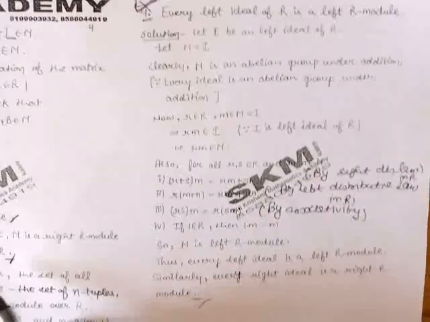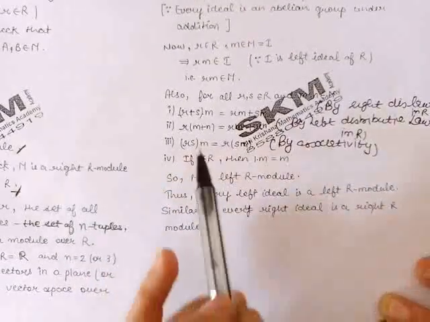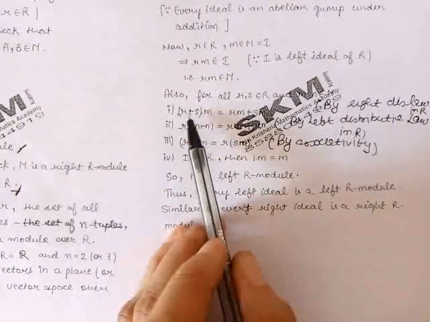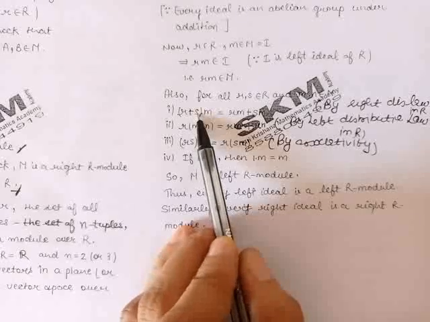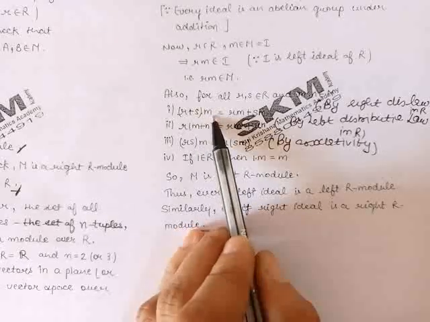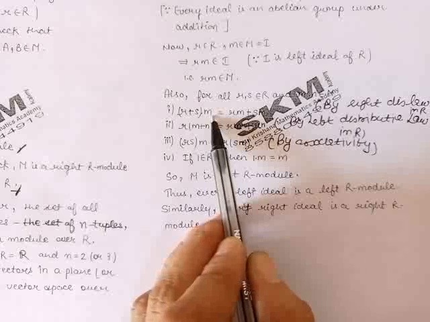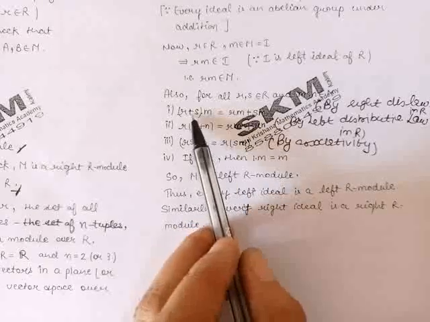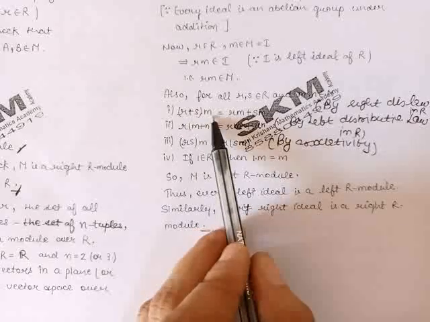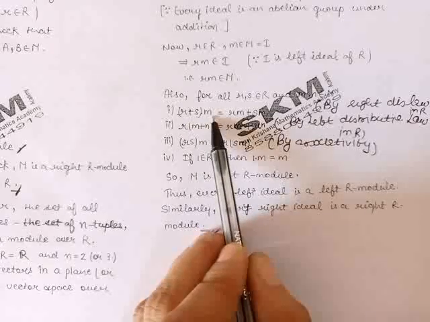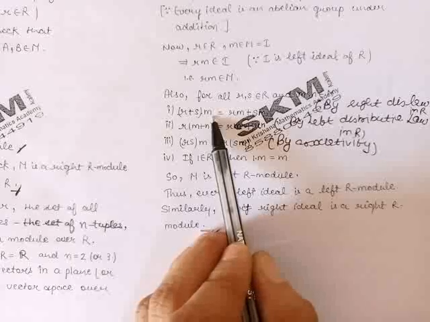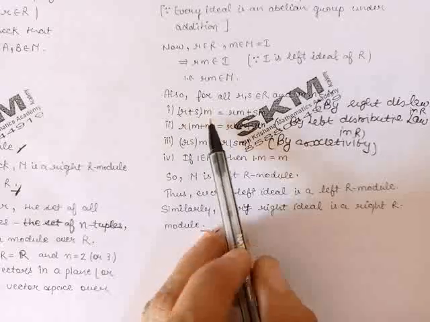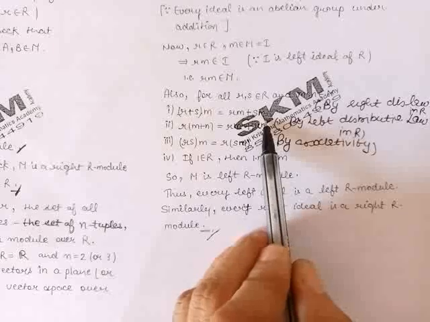Now the other four conditions. In the first condition, we have r and s belonging to the ring R and m belonging to the ideal I. Now (r plus s) into m. Because r and s are the elements of ring, m is an element of ideal I and I is also contained in R, we can use the right distributive law in the ring R. So by that law, this can be written as rm plus sm.